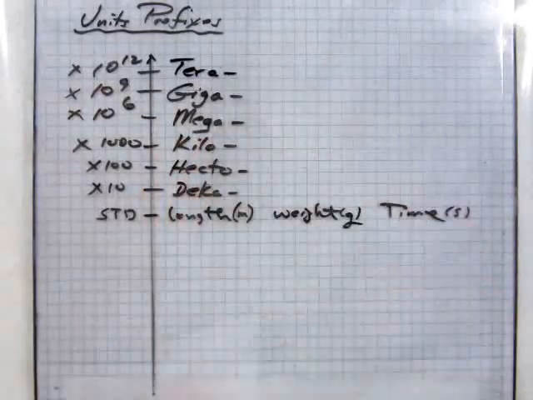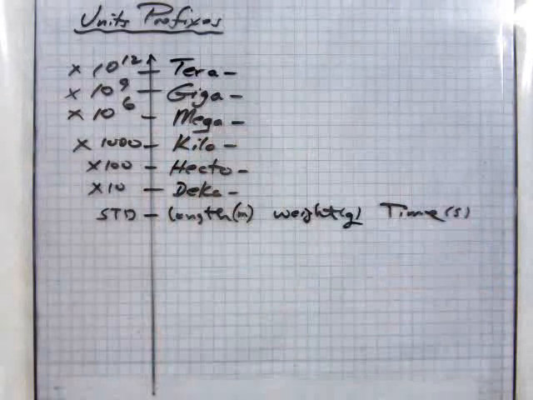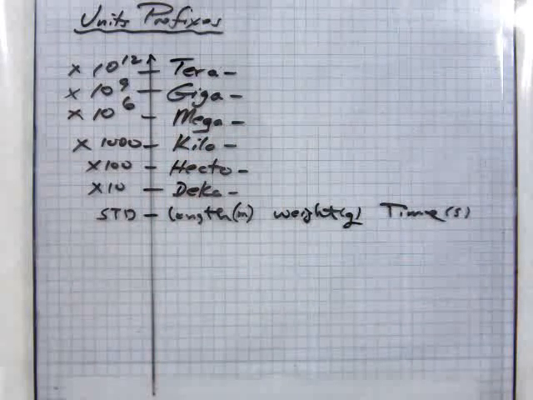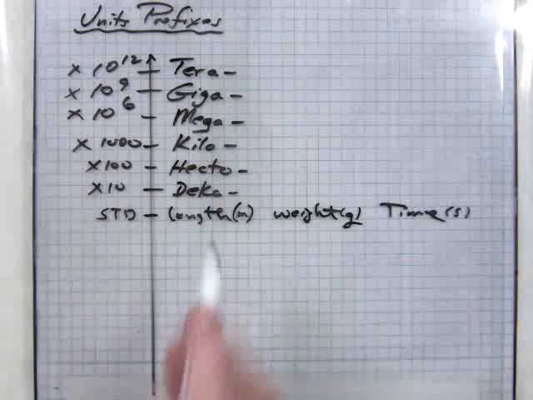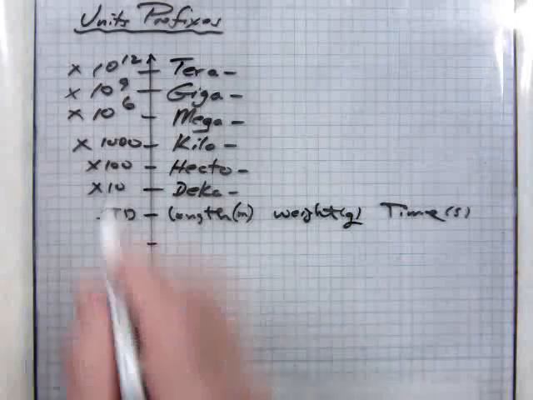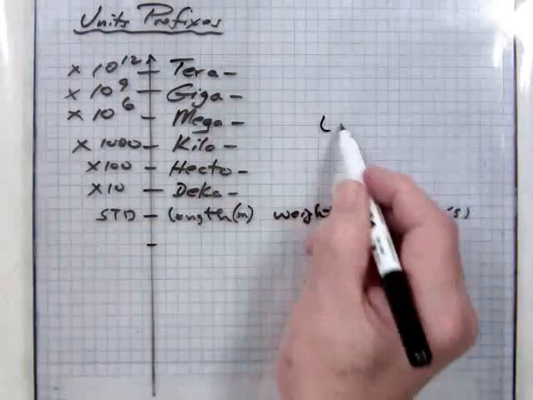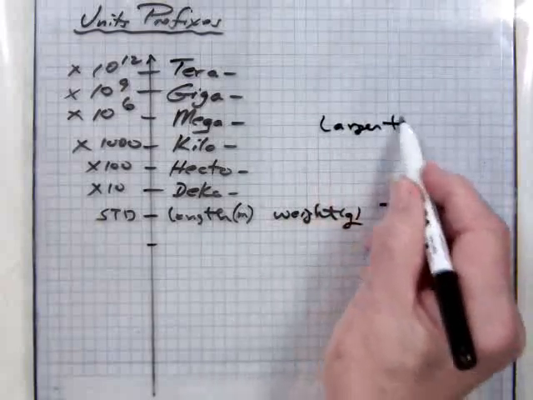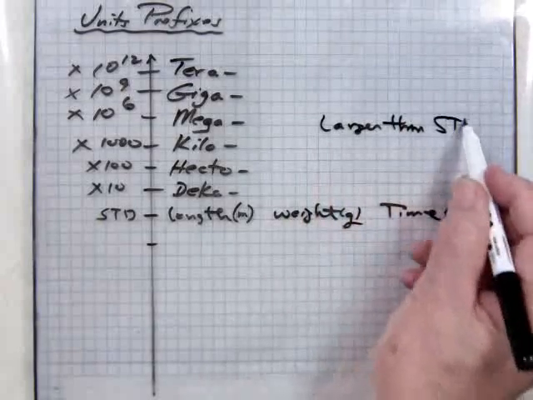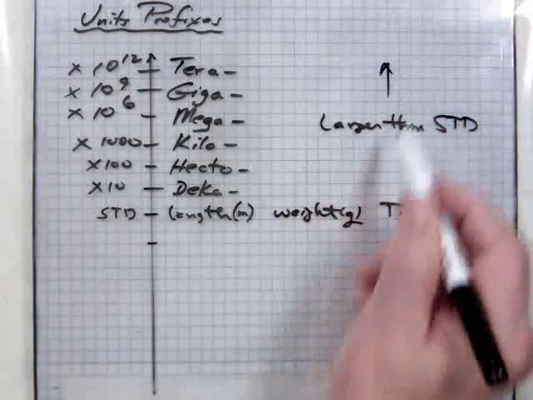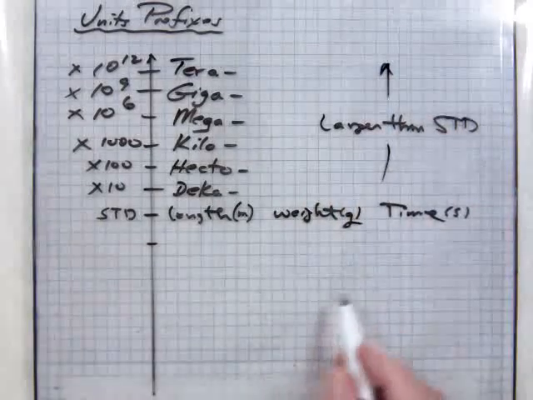So terameters, teragrams, teraseconds, or whatever the unit is, you hang that prefix on it. And if you're talking about bytes or quantities, that's a fundamental unit of computer storage. Now then you have, these are of course larger than the standard. And then smaller than standard.